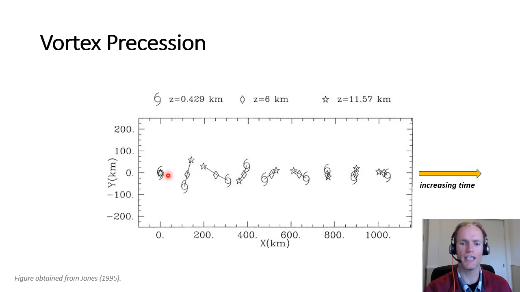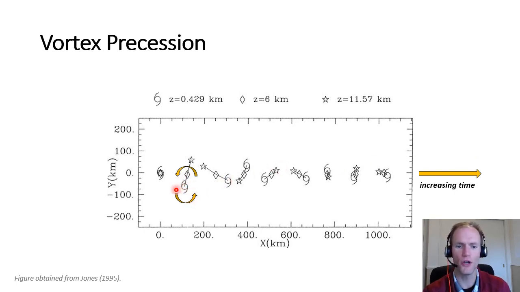So initially it extends these with this low-level vortex to the west, mid-level vortex in the middle, upper-level vortex to the east, and that process with the induced circulations that we looked at on the previous slide causes these to rotate around to the south and to the north at low and upper levels respectively. But then this process continues.